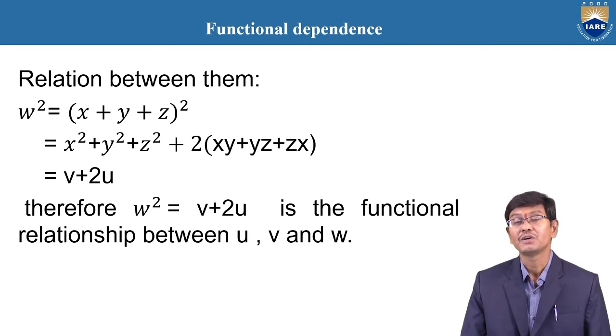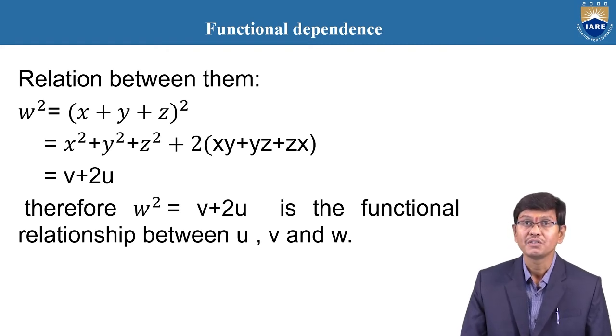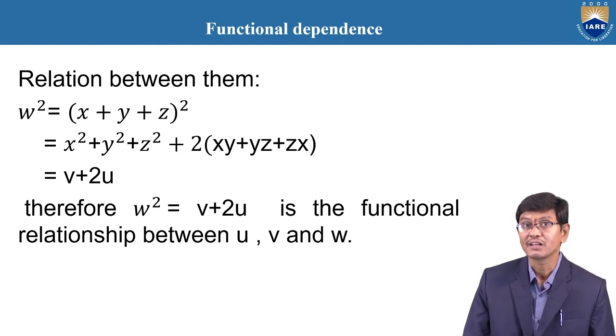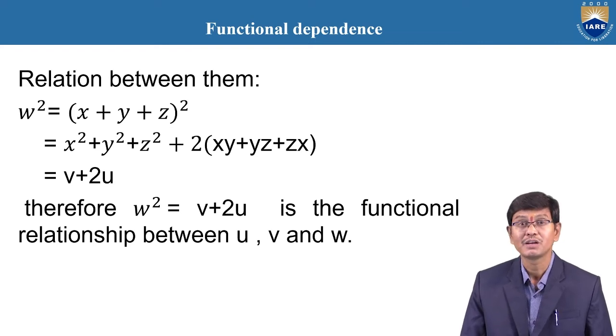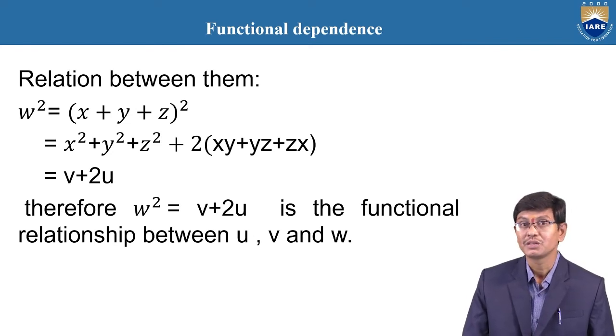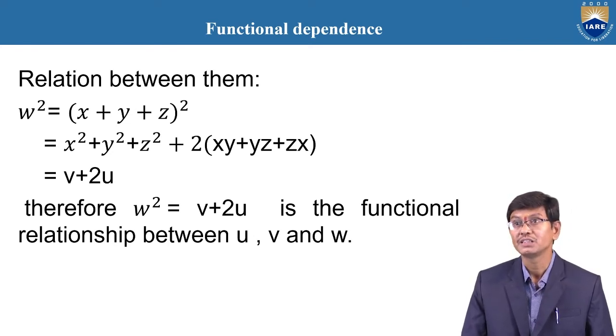Now we need to find out what is the relation between the given conditions. While observing the given equations, the third one is the w dependent variable. While we are squaring w, the right side is clearly (x plus y plus z) whole square. According to the formula, (a plus b plus c) whole square is a square plus b square plus c square plus 2 into (ab plus bc plus ca).